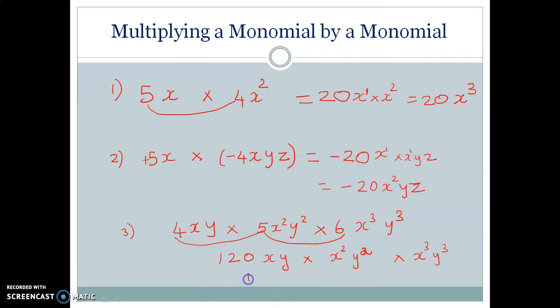So I can write it as 120 x, here power 1, here power 2, here power 3. On the whole, I have power 6. x into x squared into x cube is x power 6. Similarly for y, we have 1 plus 2, 3, 3 plus 3, 6. So this is the answer. Is it clear, children?